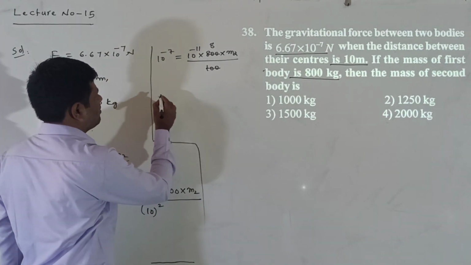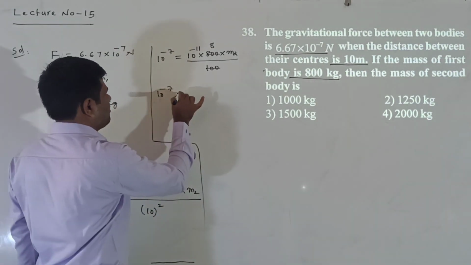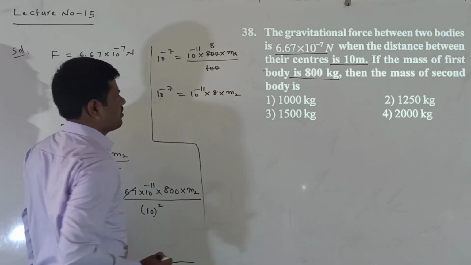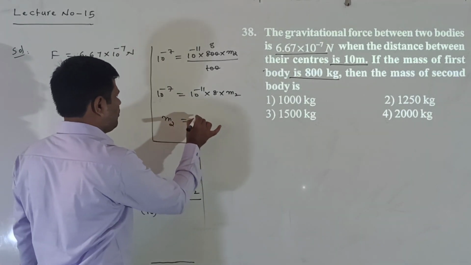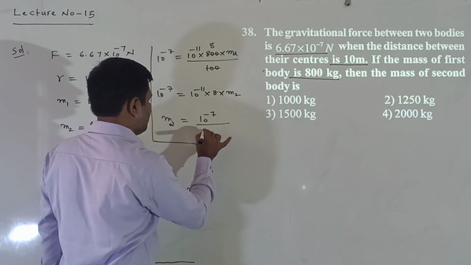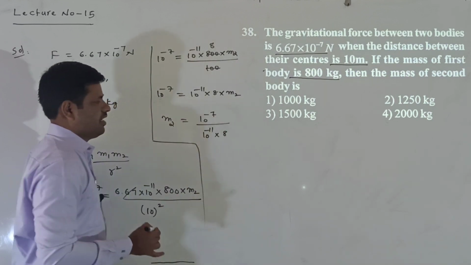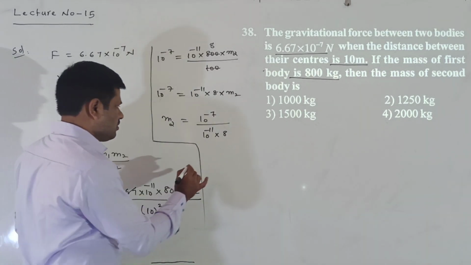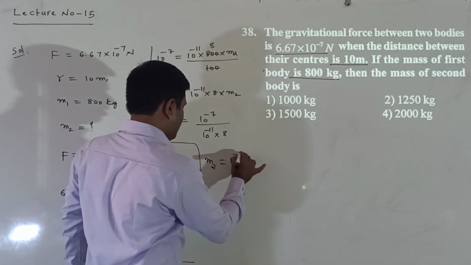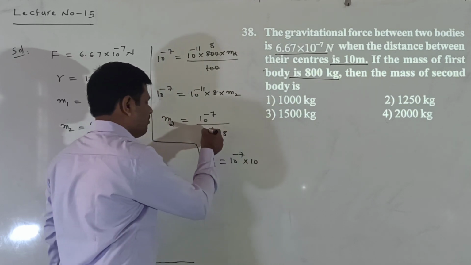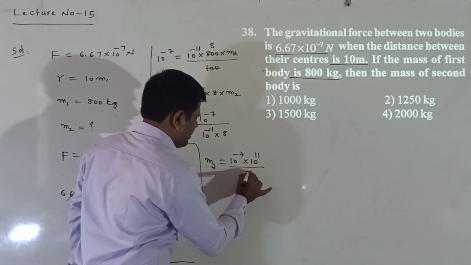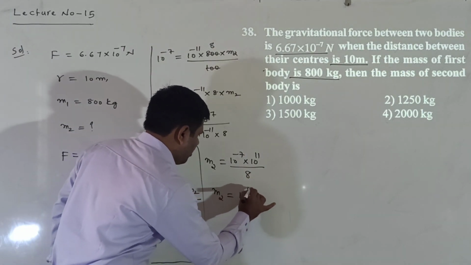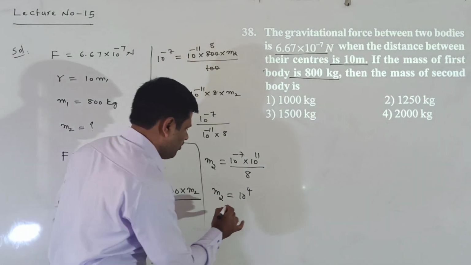Now what are we getting here? 10 power of minus 7 is equal to 10 power of minus 11 into 8 into m2. m2 is required. m2 is equal to 10 power of minus 7 by 10 power of minus 11 into 8. What is multiplying goes to dividing, and the other way round. So m2 is equal to 10 power of minus 7 into, taking into the numerator the minus becomes plus, by 8. Now m2 is equal to 10 power of 4 by 8, since 11 minus 7 is 4.